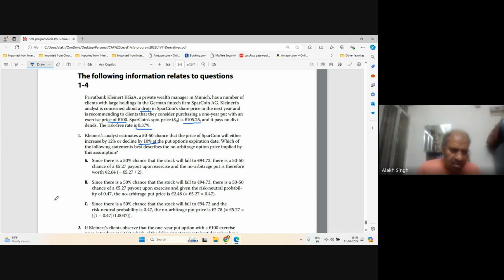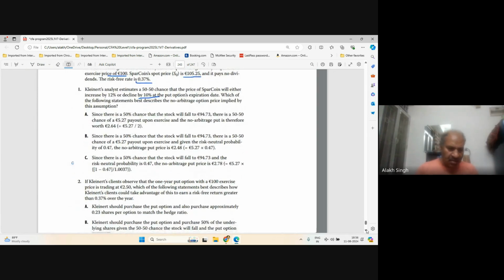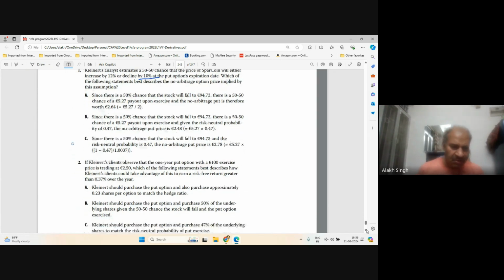Then C is correct. So the answer to one is definitely C, because when the price goes up, the put payoff is 0. So definitely 0.47 won't be multiplied; it will be 1 minus 0.47 multiplied.